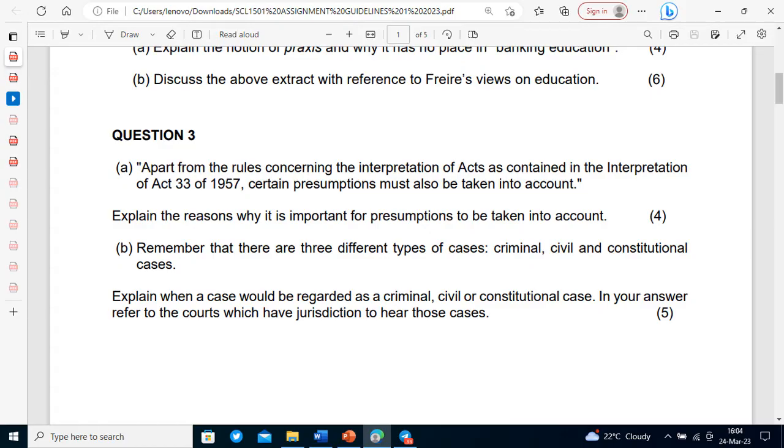For this one, I think if you can explain what a civil case, a criminal case, and a constitutional case are, and then make use of those courts or cases on page 49, then after explaining and giving a reference to a court and case, you will just reference with the name of that case for each point. So let's go to question 4.